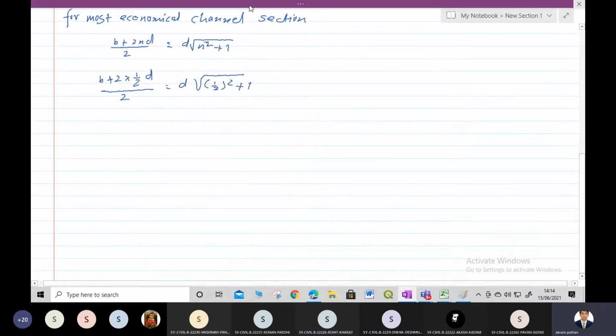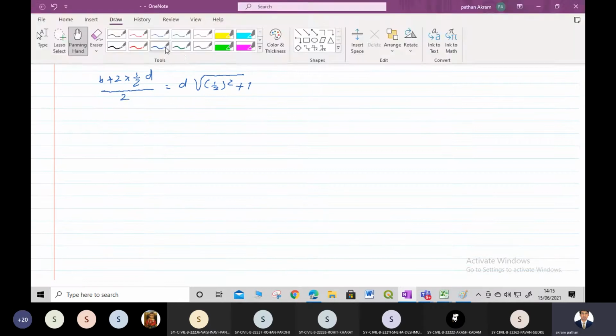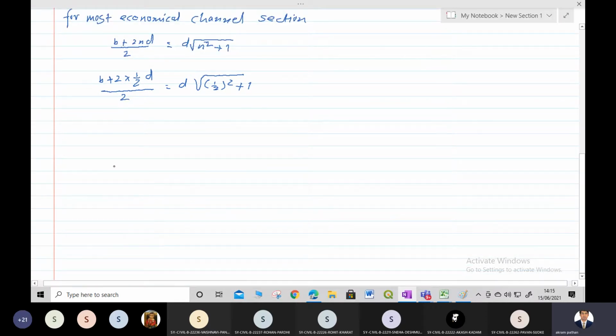Then after this, if you simplify again, you will get (b plus t) divided by 2, which is equal to d under root 1/4 plus 1. If you further simplify this you will get 1.118 d.